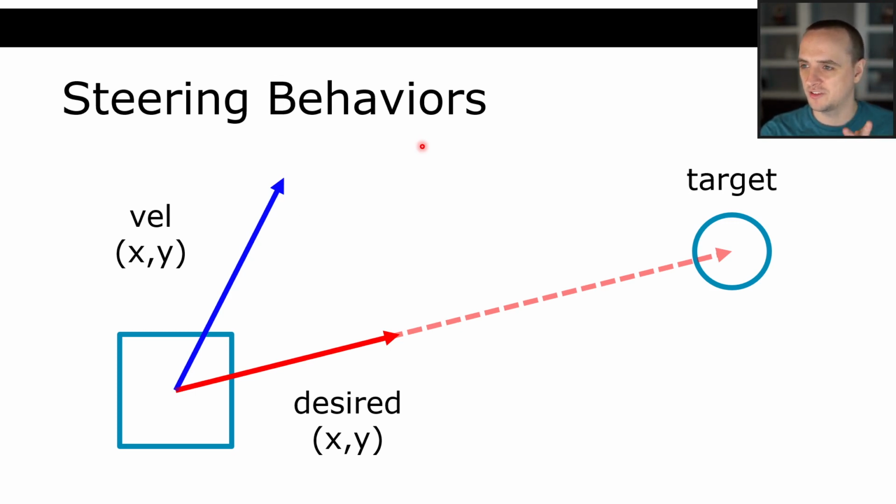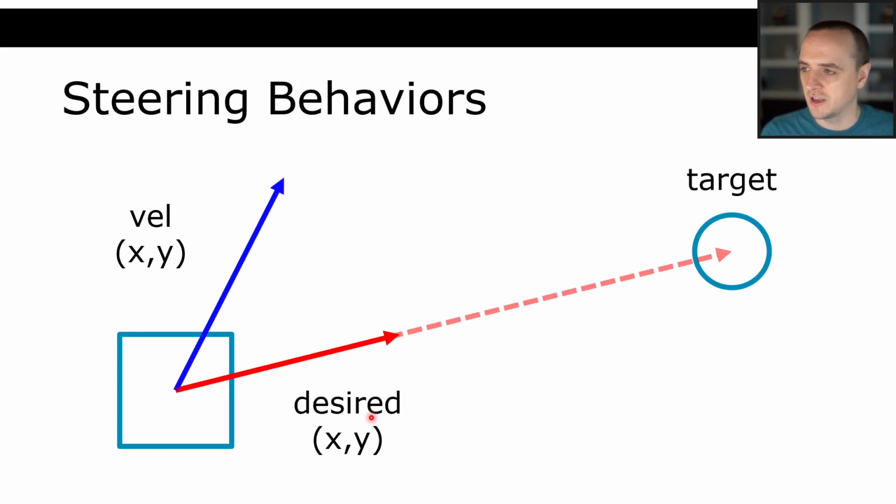Velocity implies direction and magnitude; speed is just the magnitude. As we turn toward our target, we want our speed to stay the same. So even though this long red vector is where we eventually want to go, the update we do every frame is this desired velocity, which has the same length. The red vector should have the same length as the blue vector.